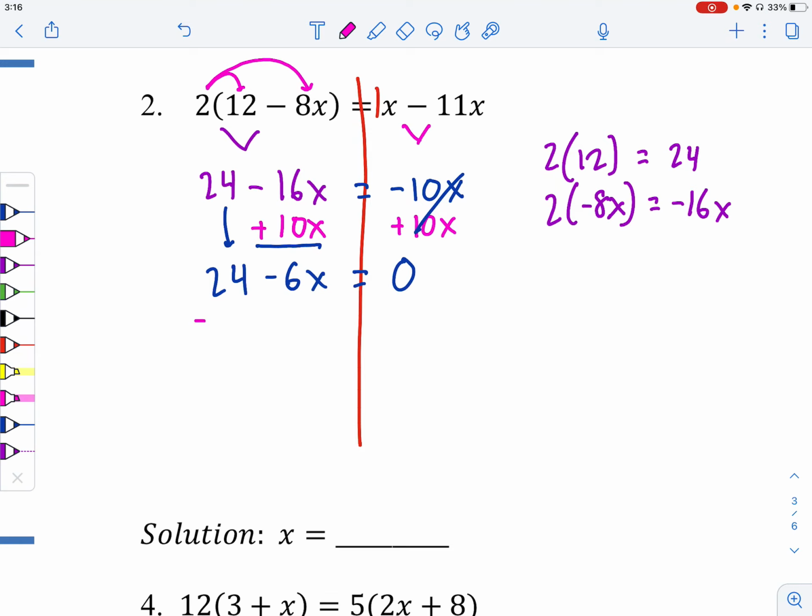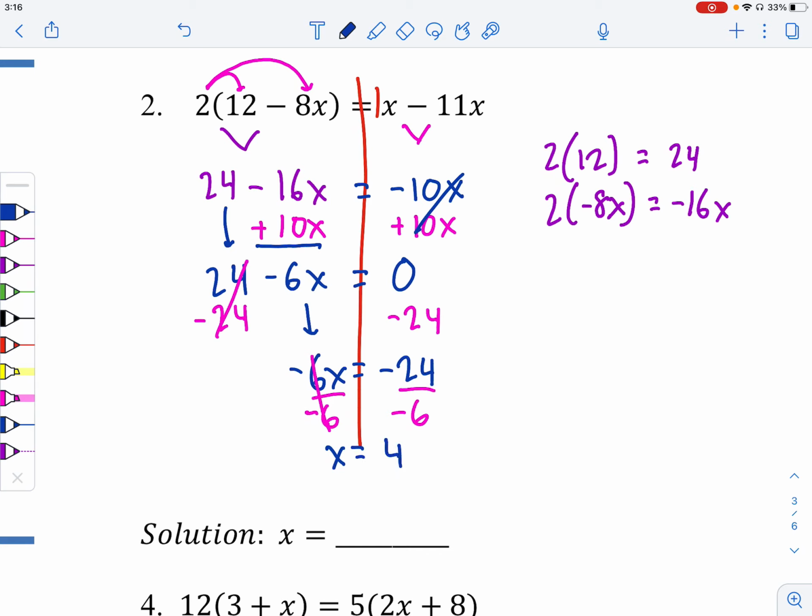So we're going to get rid of our 24 friends, right? Minus 24 on both sides. So we have negative 6x equals negative 24. Detach from negative 6. We get x equals negative 24 divided by negative 6, positive 4. So x equals positive 4.